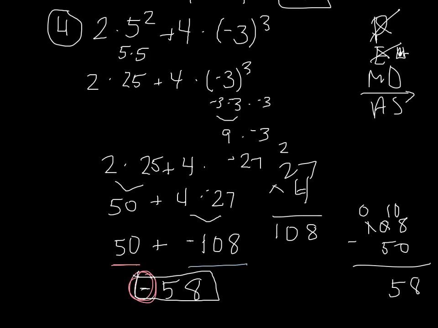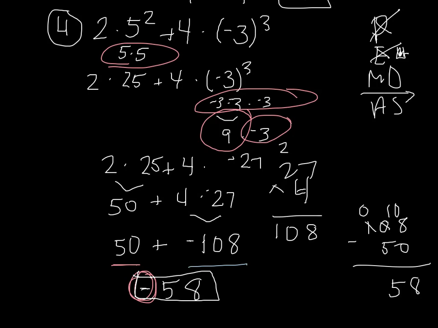So you just have to be so very careful when you're doing these step by step. I would write down 5 times 5. I would write down this 3 times 3. Negative 3 times negative 3 is 9 times 3. I'd write down all those steps so that your brain can keep them straight, because if you try to skip steps, we're going to be in big trouble. All right, let's do a couple more practices here.